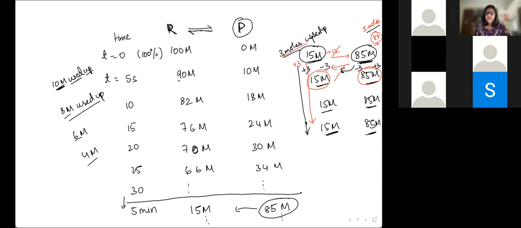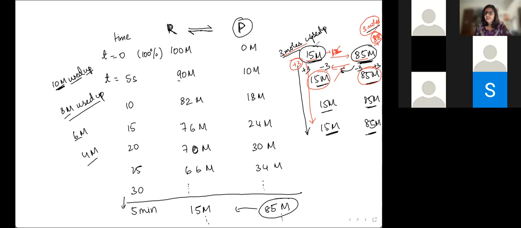So technically, I wrote it in red here, this should be 12, this should be 88. But at the same time, 3 moles of the product is also reacting to give 3 moles of the reactant back. So 12 goes back to 15 and 88 goes back to 85. So that's what keeps happening from this point on.